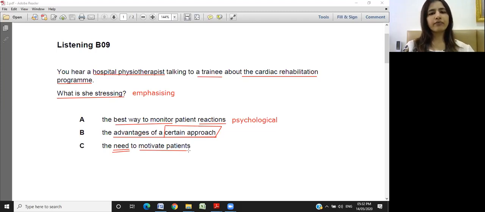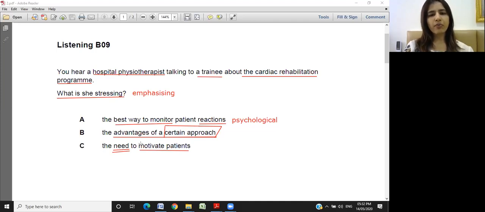When I try to emphasize the need of something, what kind of sentences would I use? I would say it's very important to, they need this, they require this, and motivating the patient.